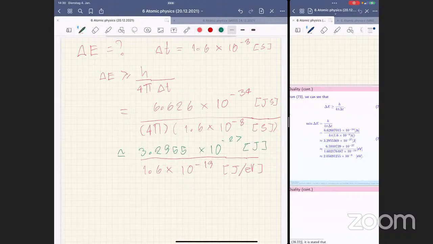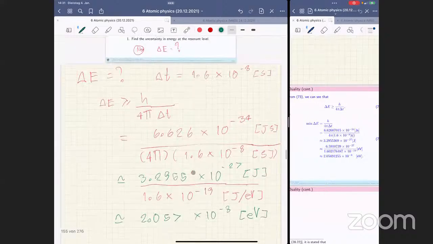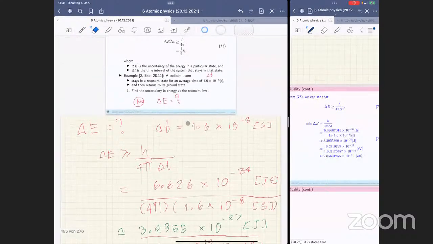Once you put it into the calculator, you would get 2.057 times 10 to the negative 8 EV. So 10 to the negative 8 is closer to what we could realize, like 20.57 nano electron volt. That's the minimum energy uncertainty we could observe from this system.